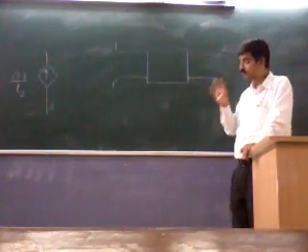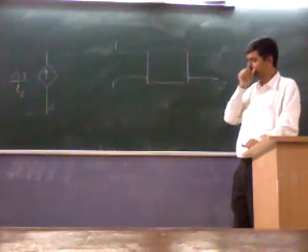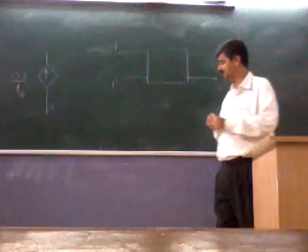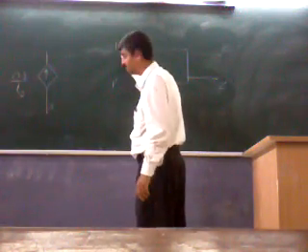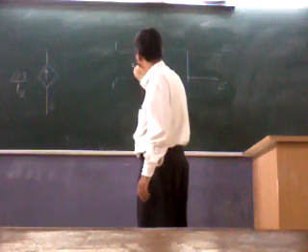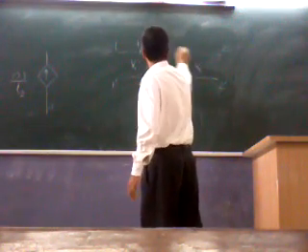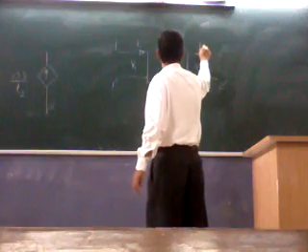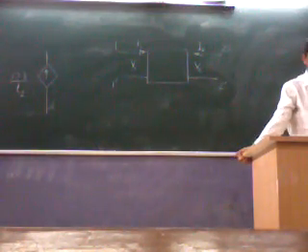With this now, how can you take the ratio? It is port 1, so V1, V2, I1 and I2.